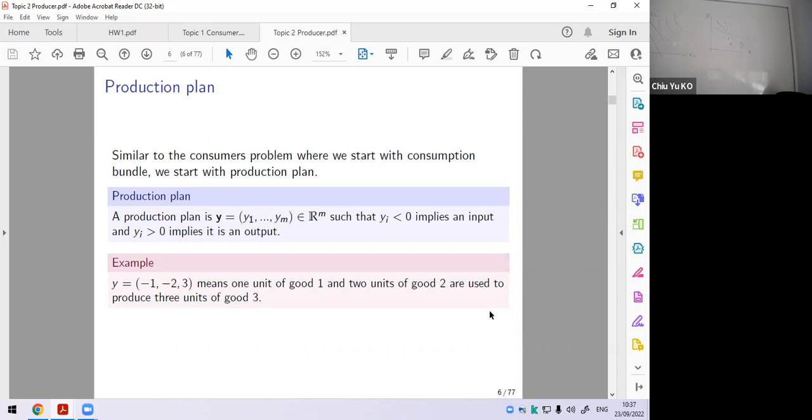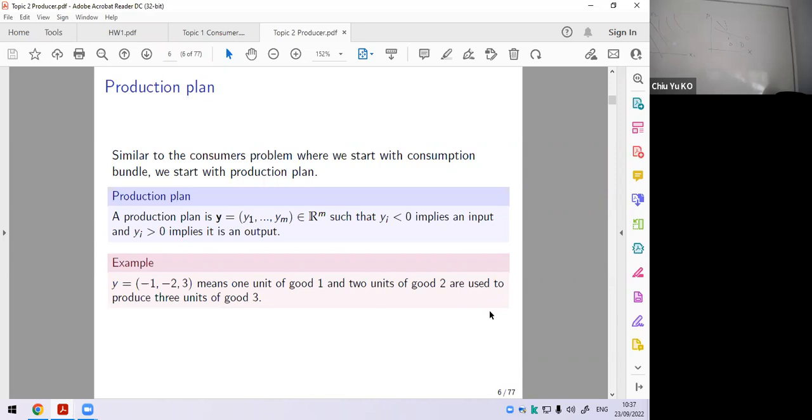For the consumer, you can assume that if you have a continuous preference, you can represent your happiness by one number, right? Which is your utility. You can use utility to represent preference, and you reduce everything to one dimension, that's fine.